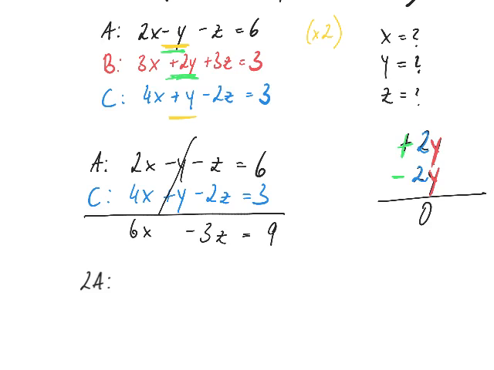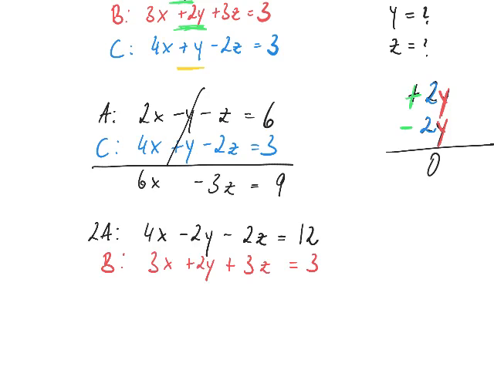So 2 times 2x is 4x, minus 2y, minus 2z, and 6 times 2 is 12. And then I write B again: 3x plus 2y plus 3z equals 3.